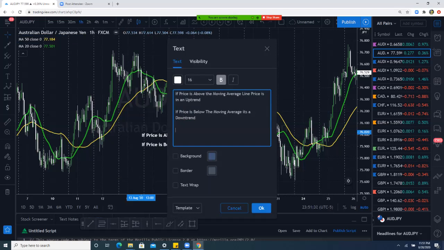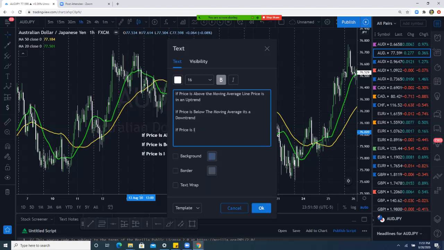And then for consolidation, if price is indecisively, that's the best word to use, or being really choppy in between.